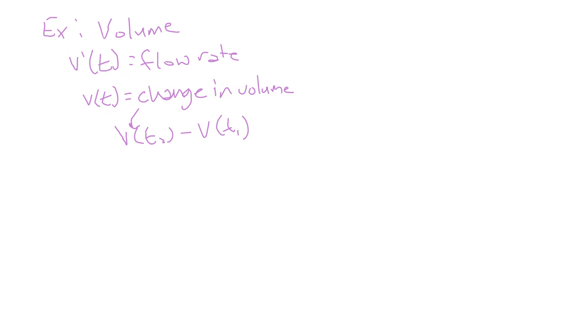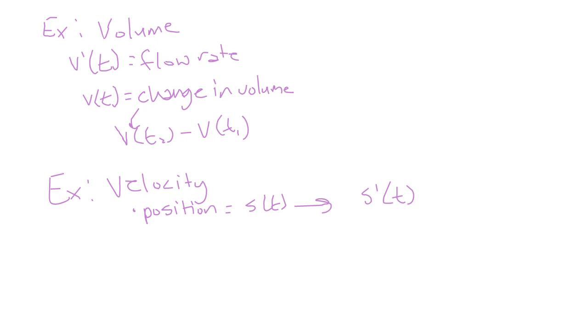And we can look at the same thing with velocity as well. So for example, if we have a position, we can let a position function equal s of t. And we know that if we take the derivative of our position function, that is equal to our velocity function.